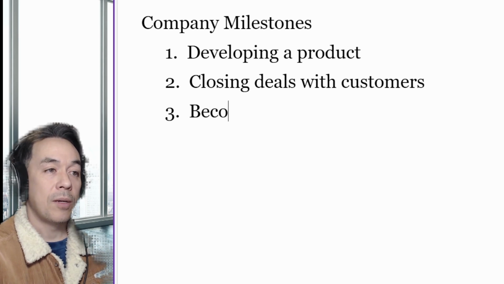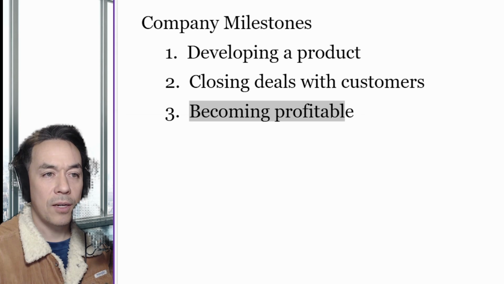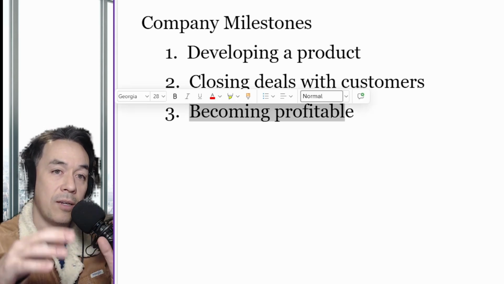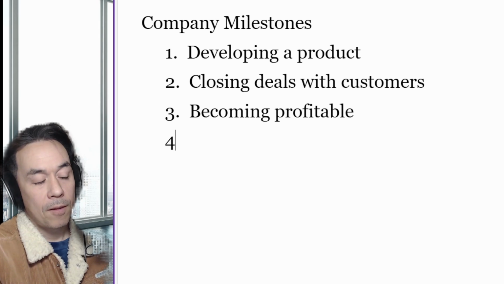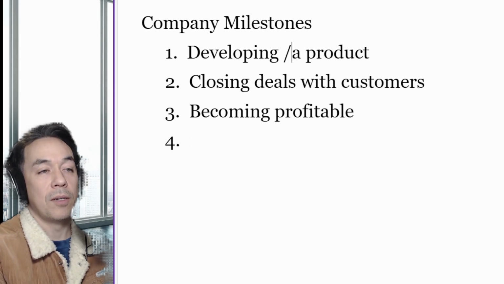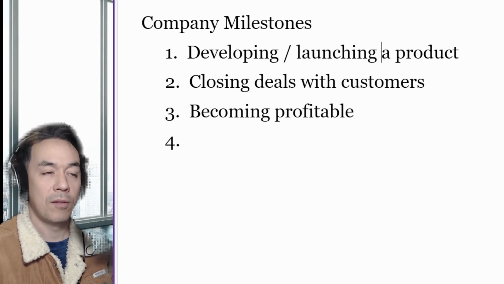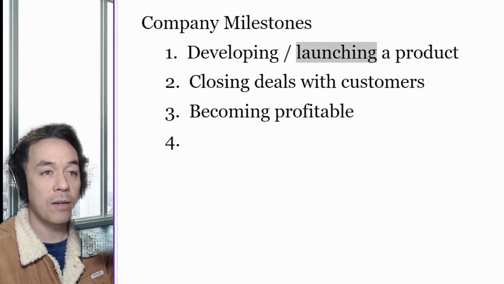We'll say, becoming profitable. So now you have enough customers, and we're selling enough that we're actually profitable, right? We'll say developing and maybe launching a product. So now we have a thing, we can sell it.